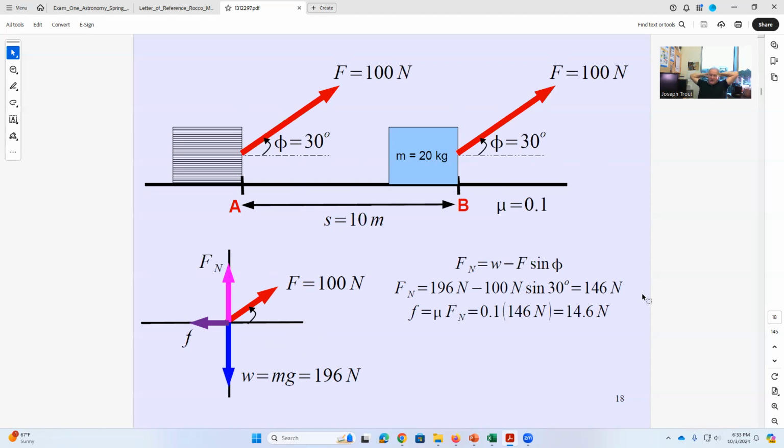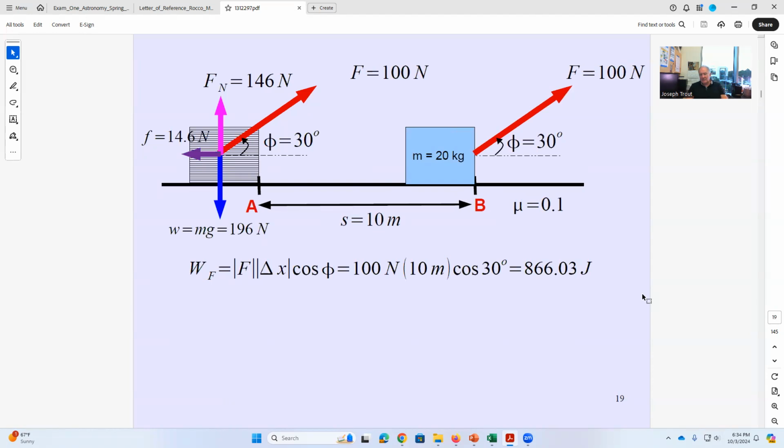And our force of friction is mu times the normal force. That's 0.1 times 146 newtons, which is 14.6 newtons. By the way, we're calling the force of friction just a lowercase f to save a little bit of room.